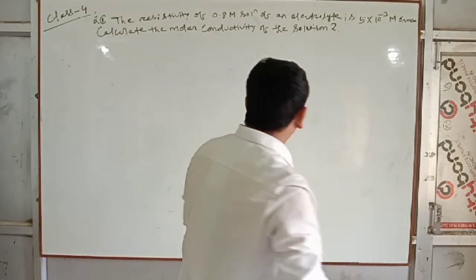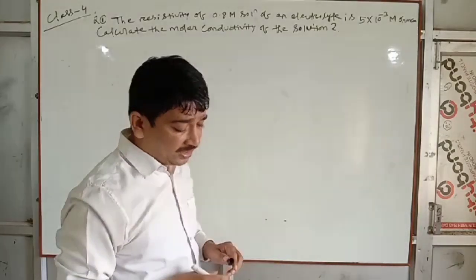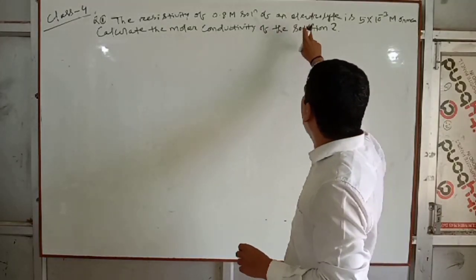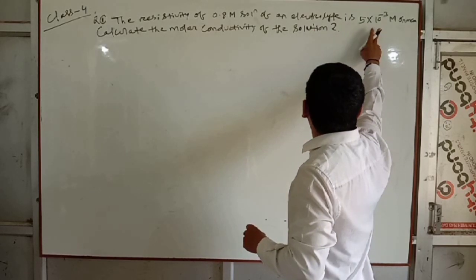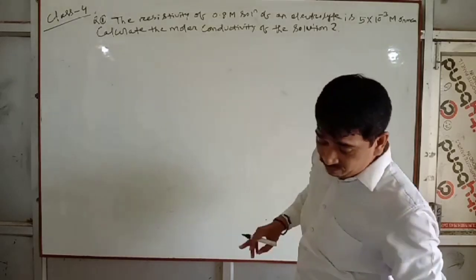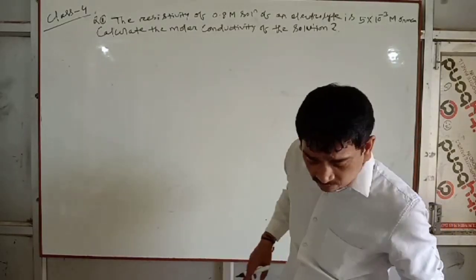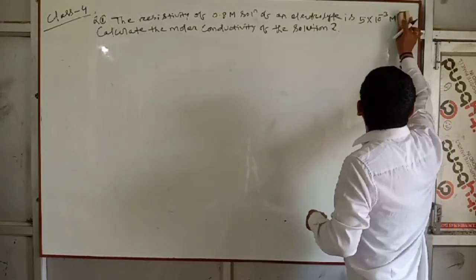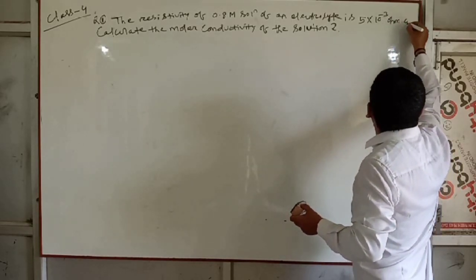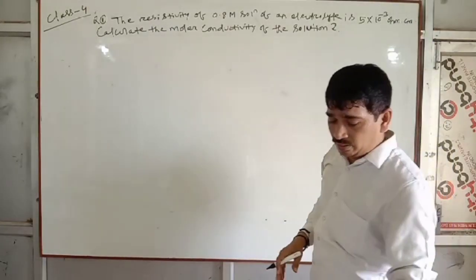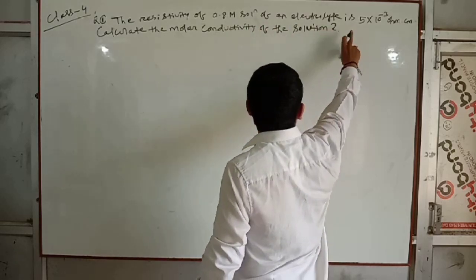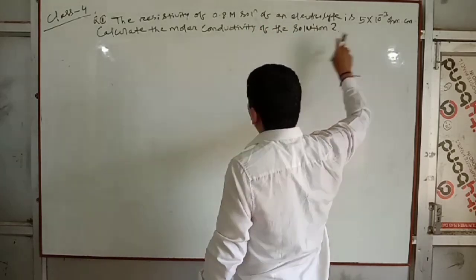Clear? So look at the question. The resistivity of 0.8 M solution of an electrolyte is 5 into 10 to the power minus 3 ohm centimeter.